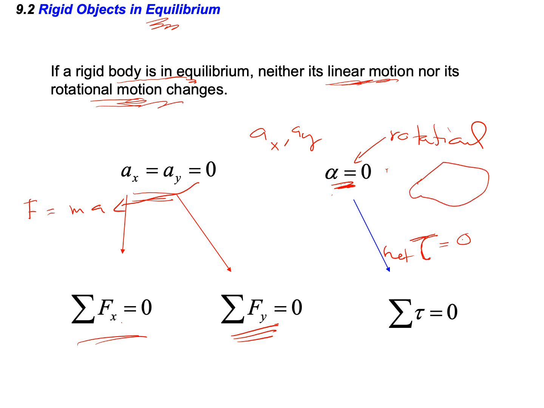If the rotational acceleration alpha is zero, the net torque is zero. No rotation, net torque is zero.